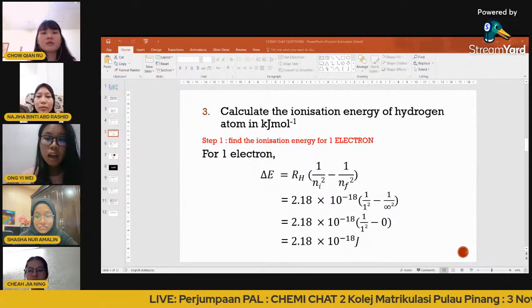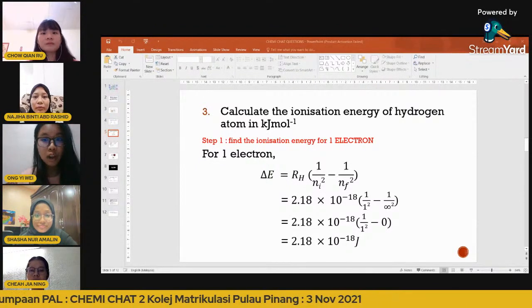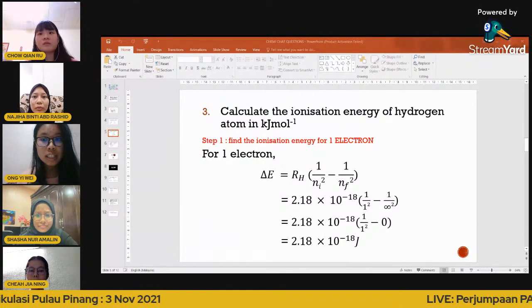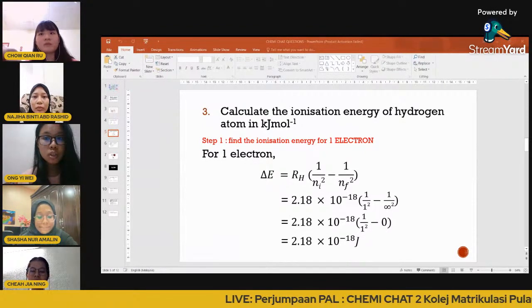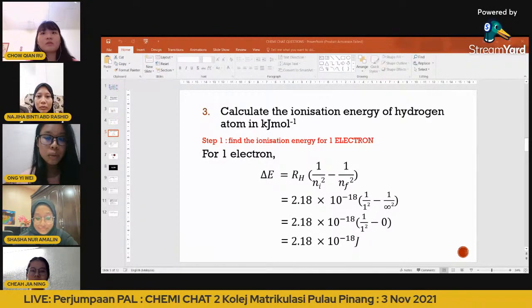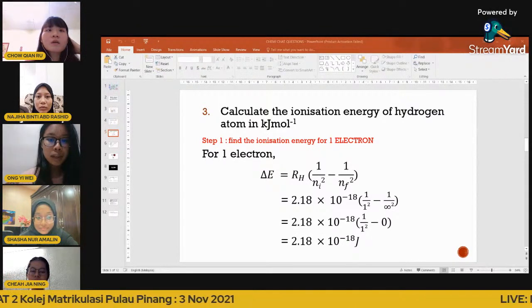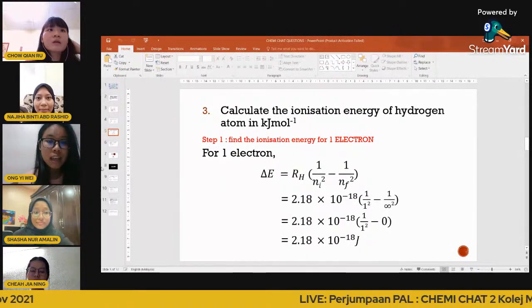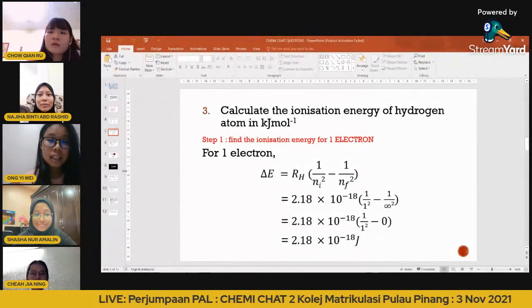Okay. And then the ionization energy involves the transition of electron from n equal to 1, which is the lowest energy level that is nearest to the nucleus, to infinity, which is the highest energy level and the energy level that is furthest away from the nucleus. Therefore, we can let the initial energy level as 1 and then the final energy level as infinity.